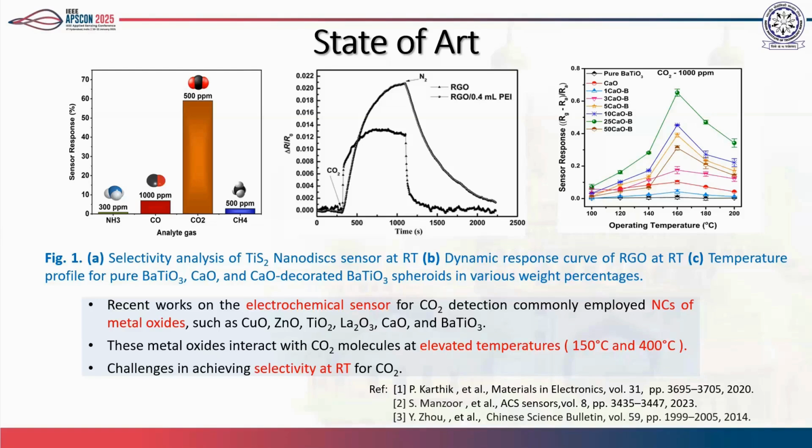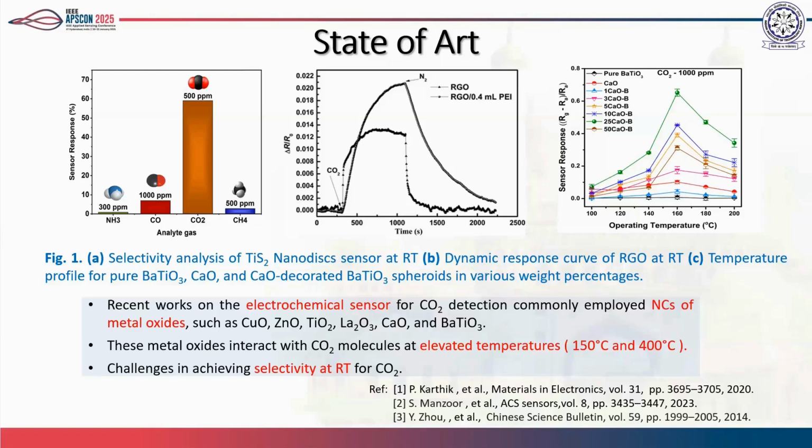In the first figure, we can see a TiS2 nanodisk based sensor at room temperature, where selectivity is fine, but it is limited to NH3, CO, and CH4, and most of the sensors do not show selectivity for CO2 sensing, because CO2 is also an inert type of gas. And at room temperature, there are challenges with response time and recovery time.